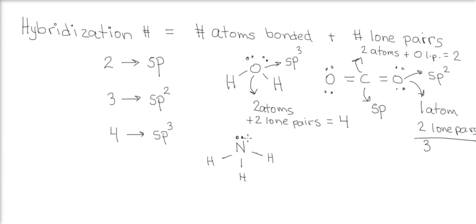Lastly, for this nitrogen, we have 3 atoms bonded and 1 lone pair, so its hybridization number is equal to 4, which means that this nitrogen is sp3 hybridized.